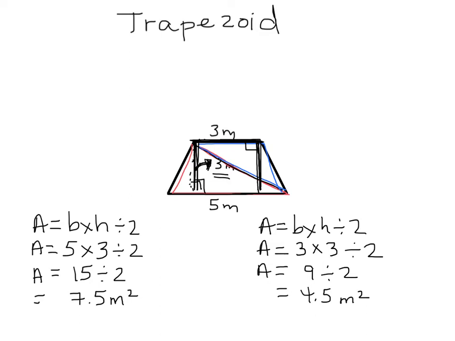Now that we have the areas for the two triangles, we have to add those together, and the answer is 12.